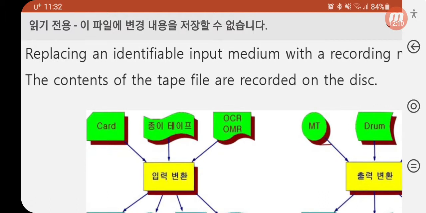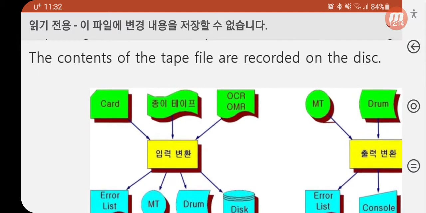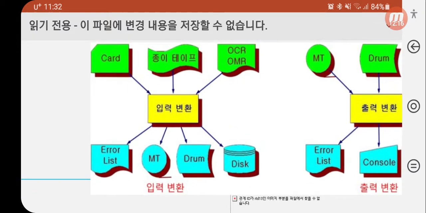Has input conversion system. And finally, conversions to magnetic tape, magnetic drum, and magnetic discs.